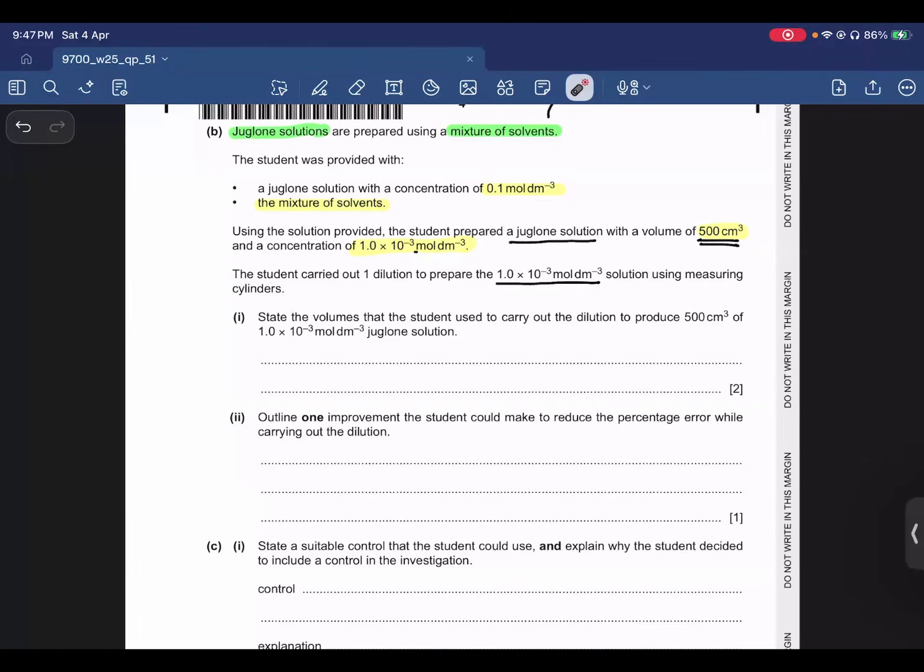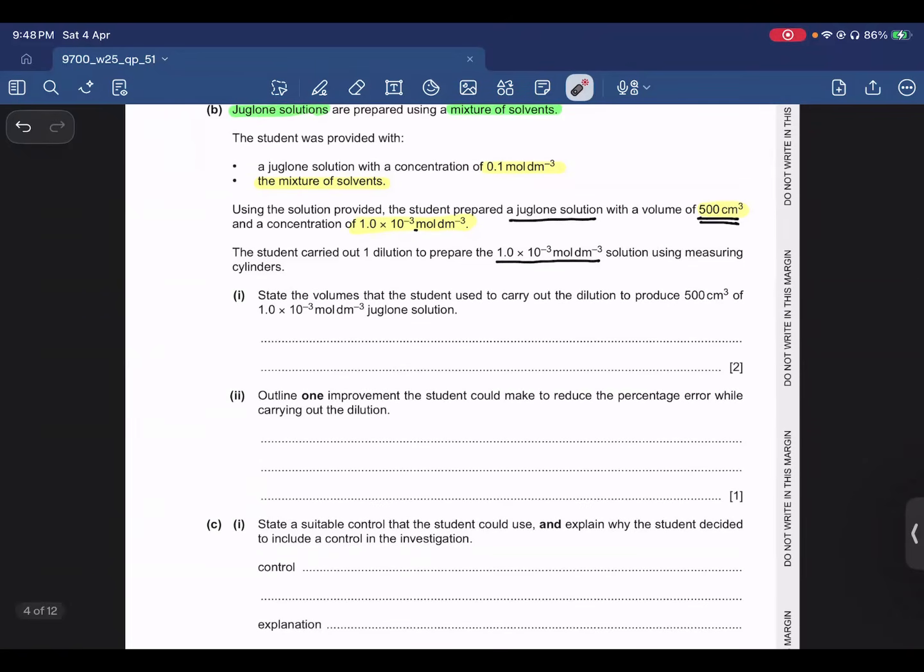So think about it. Try to apply a formula which you might have used in P3. Just give me a second, I'm just trying to write it down.